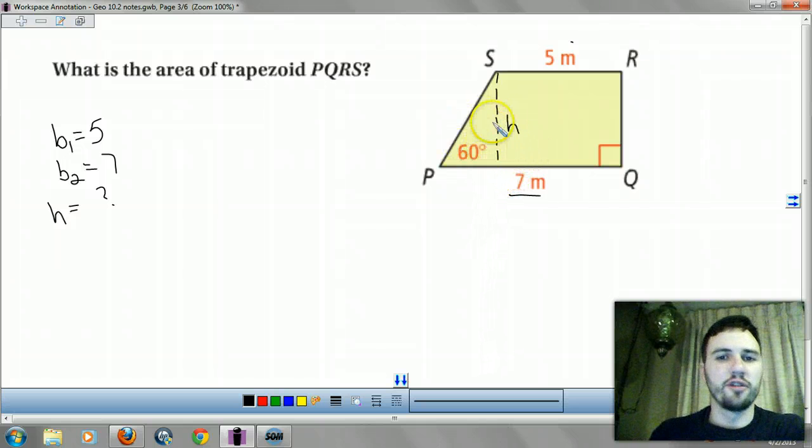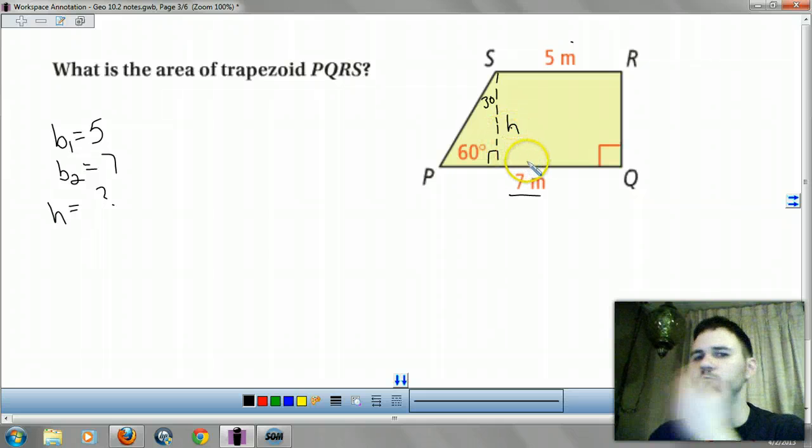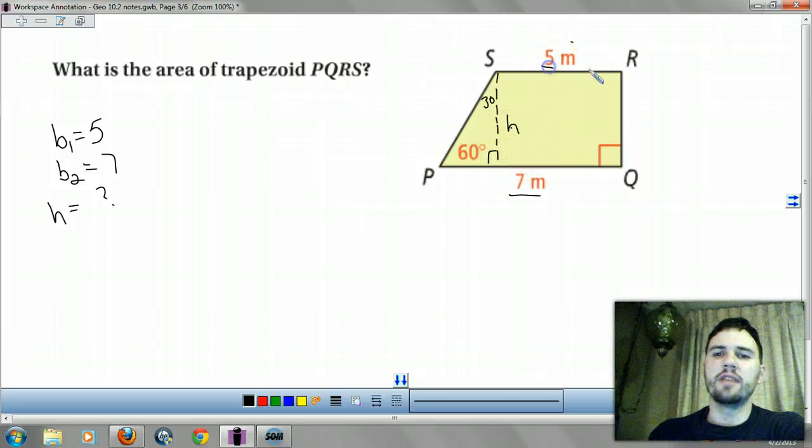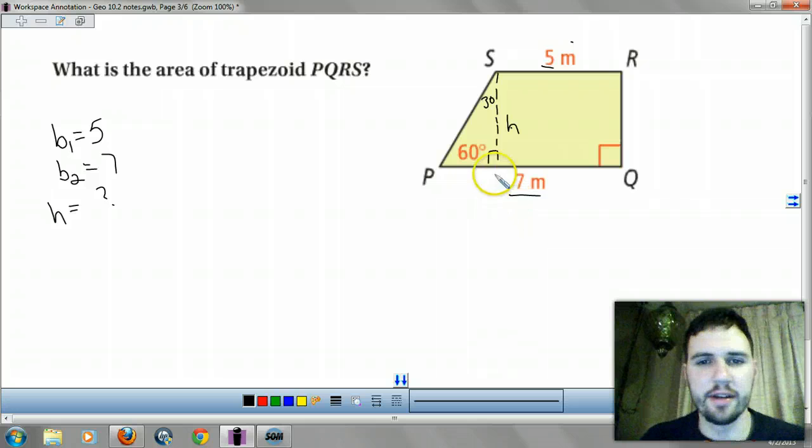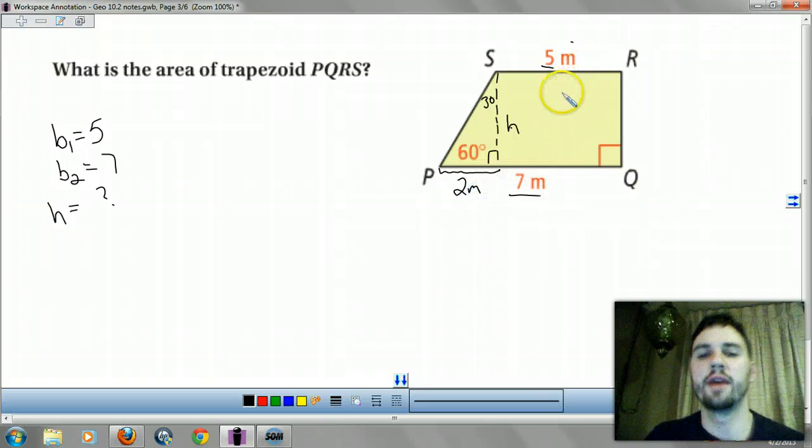So what we have here is a right triangle, that's 60, that's 90, that guy would be 30. A 30, 60, 90 triangle. Now if this side's 5, this side's 7, what's this little piece going to be? It's going to be 2, because 7 minus 5 is 2.